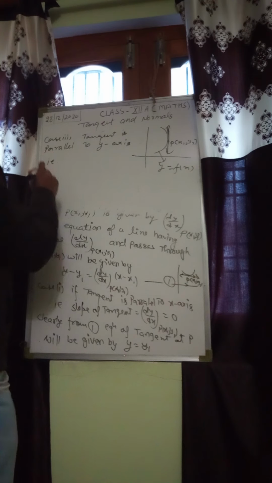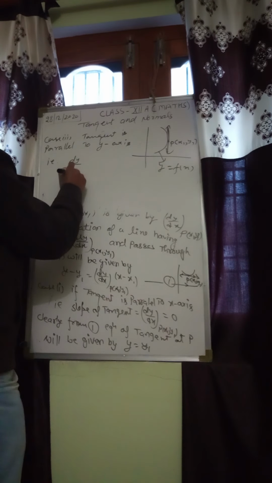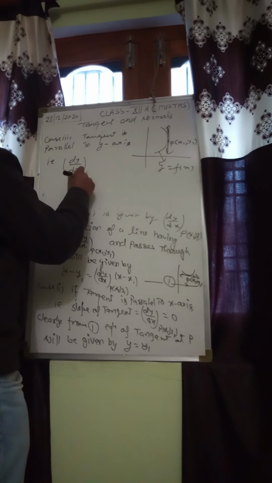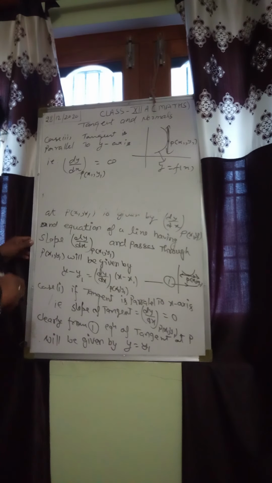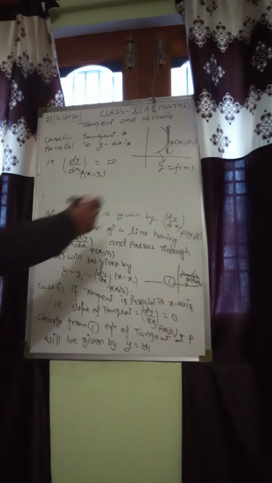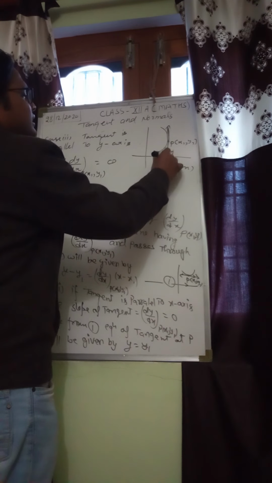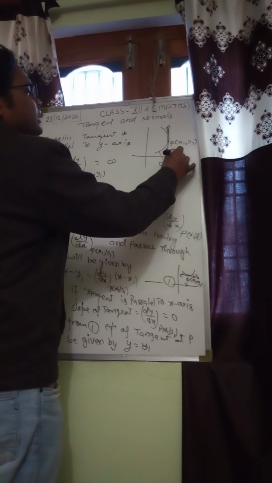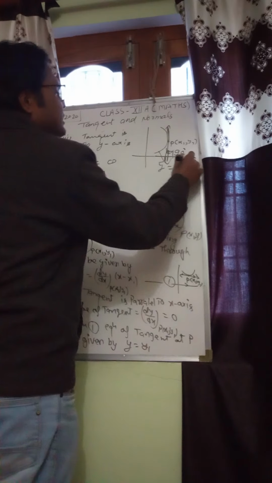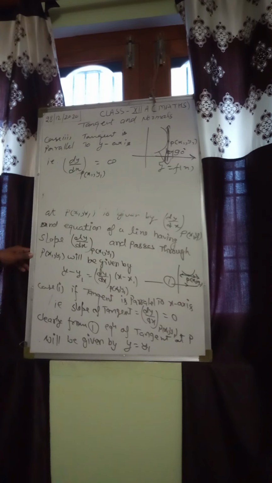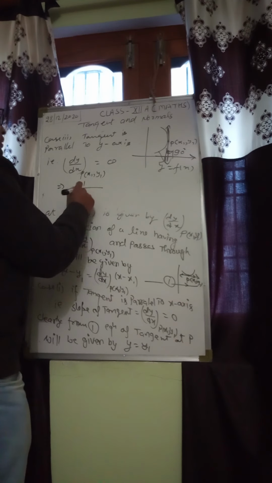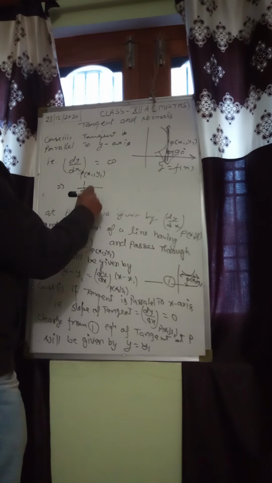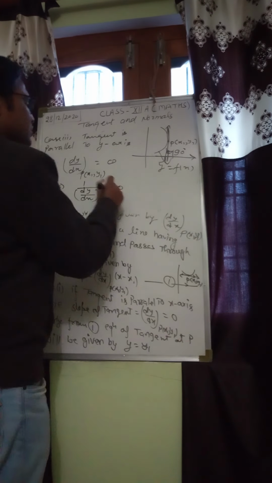dy/dx at this point P(x1, y1) will be equal to infinity, tan 90 degree. Its inclination makes 90 degree with the positive direction of x-axis in anti-clockwise sense. Then tan 90 is infinity. Clearly, we have 1/(dy/dx at P) equal to 0.